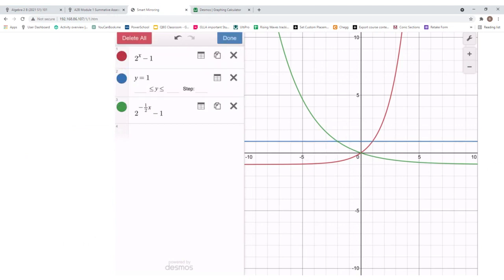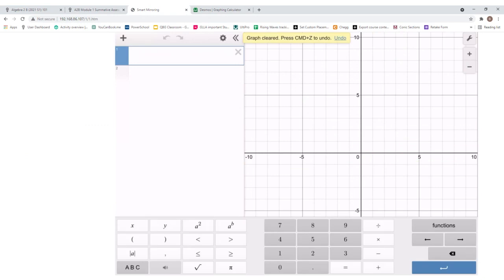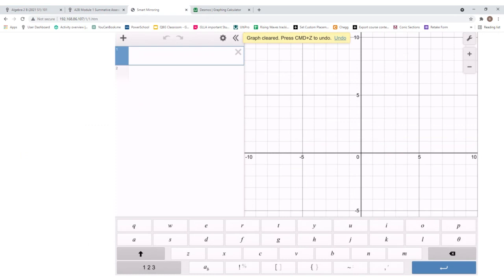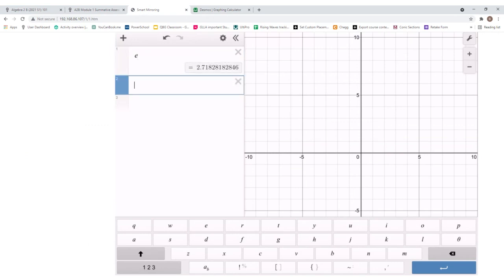There we go. So if I did natural log, ln, the natural log of whatever, and I wanted to find out what e was, if I type in e, it's 2.7182818246, or 846. Anyway, kind of like pi.